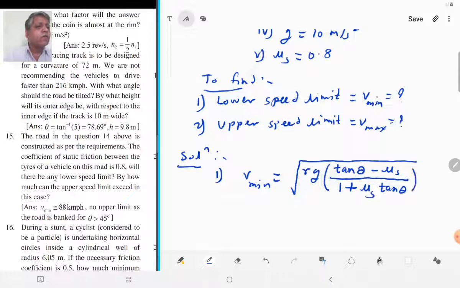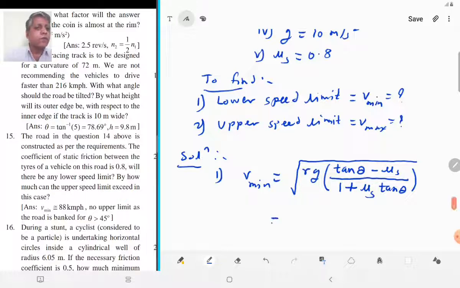This is the formula to find out the lower speed limit when we consider the force of friction. Now substitute the value of R, g, tan theta, mu s in these equations.